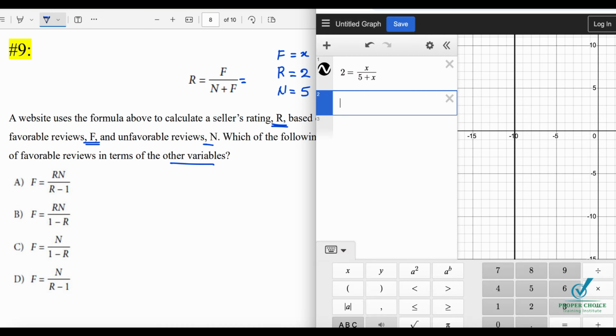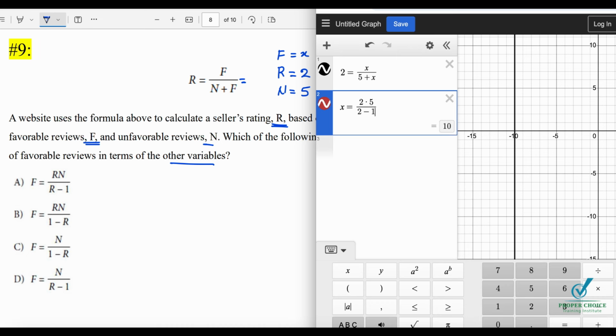So let me start with the first option, that is x equals r times n divided by r minus 1, so 2 times 5 is a multiplication, divided by 2 minus 1.